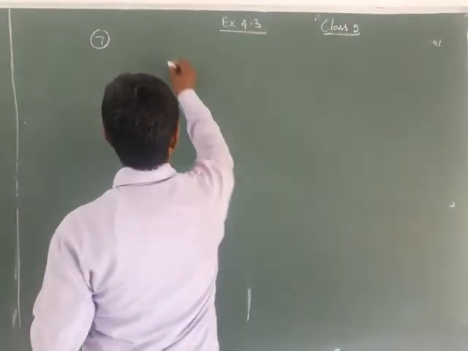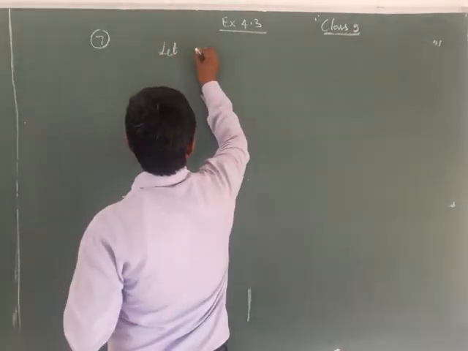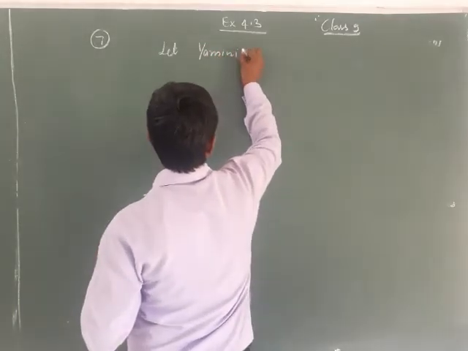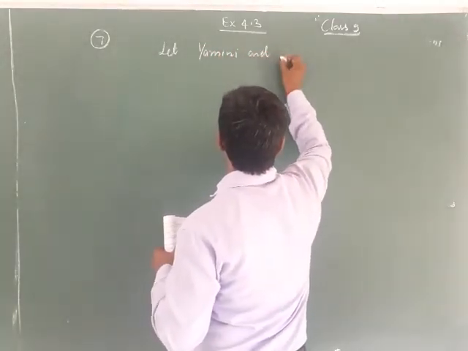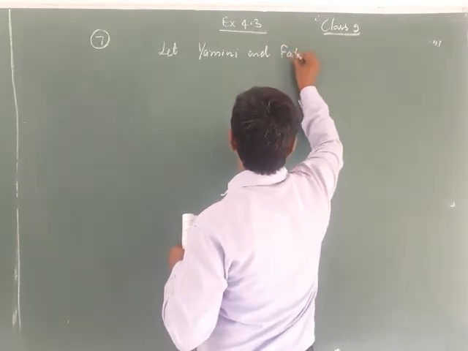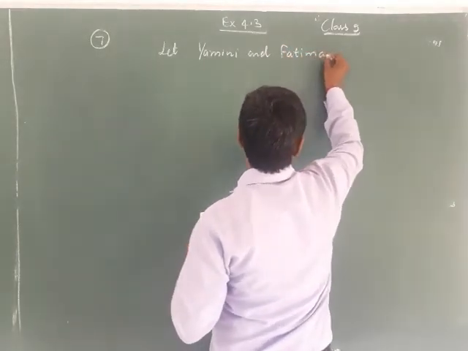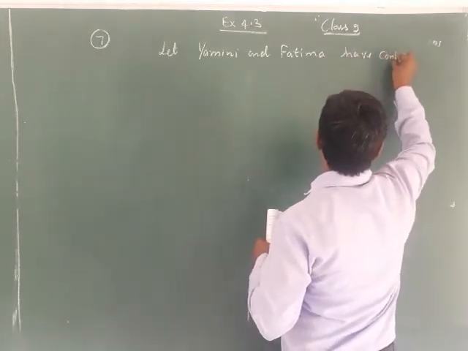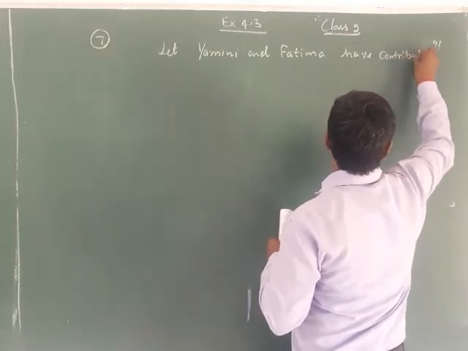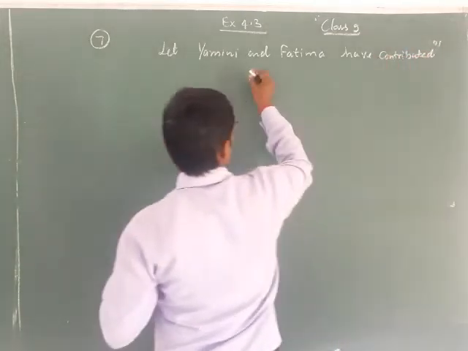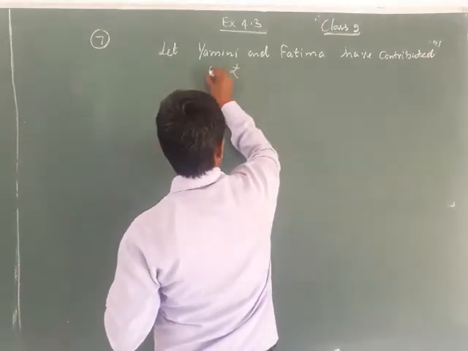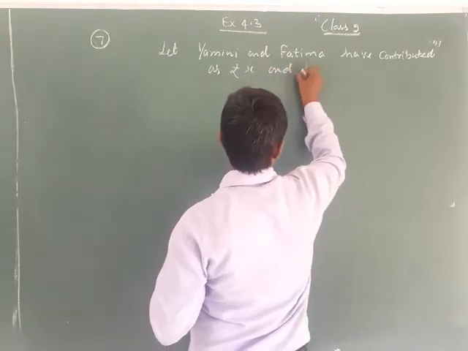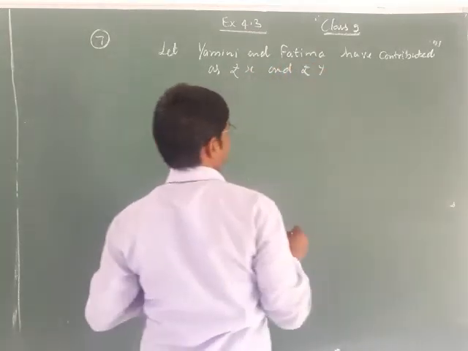So now let Yamini and Fatima have contributed X rupees and Y rupees.